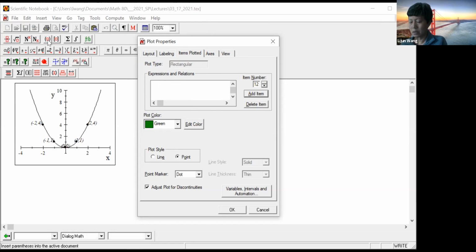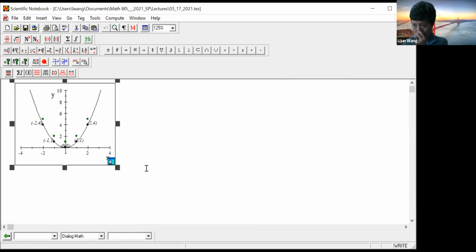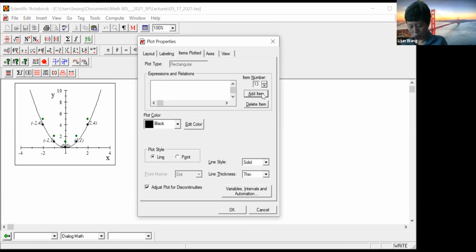Last but not least, 2, 5. All the green dots. Okay, and if we connect the dots, what do we get? X squared plus 1, and we make it green.